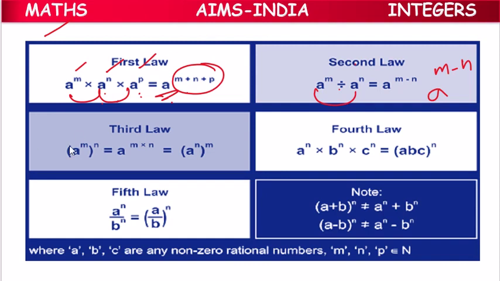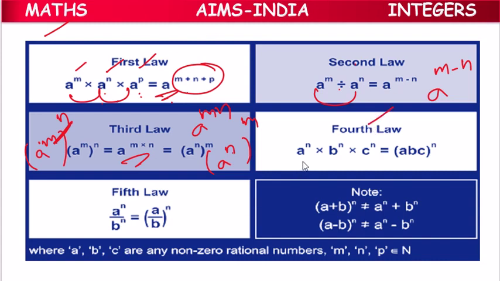Third law, power of a power: (a^m)^n equals a^(mn), or we can exchange the places, (a^n)^m.